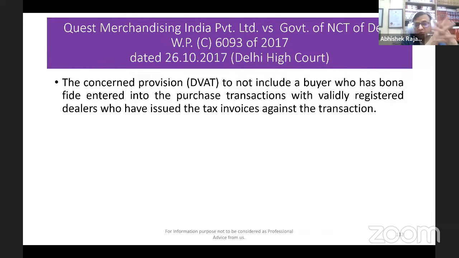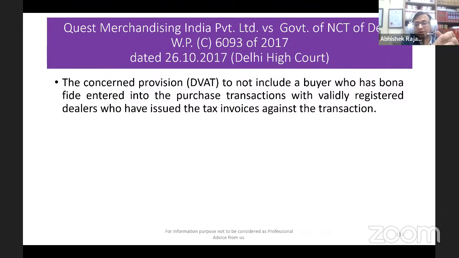So in the case of On-Quest Merchandising, this case law is of On-Quest Merchandising and Arise India. A few magazines or e-text libraries have mentioned it as Arise India. Few have mentioned it as On-Quest Merchandising, but both are the same.